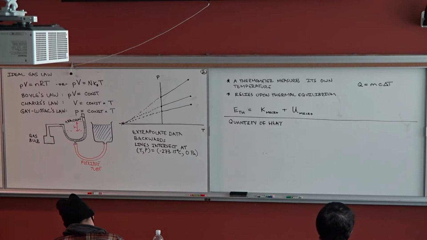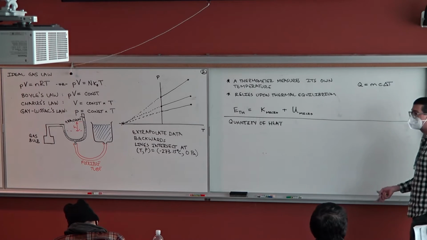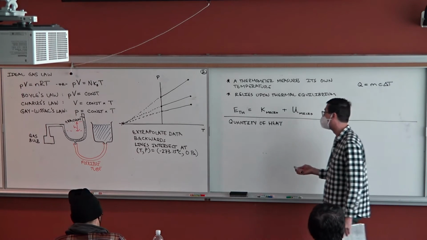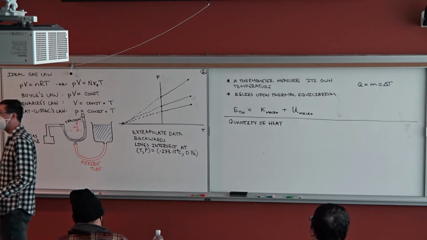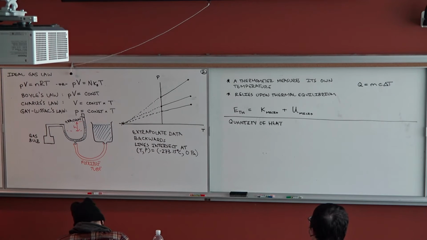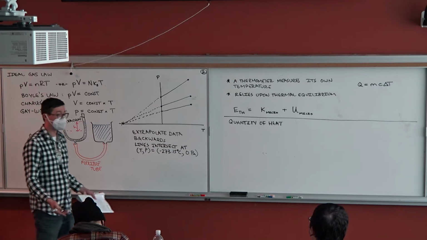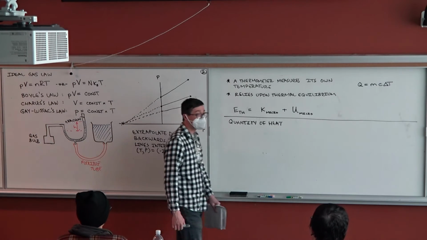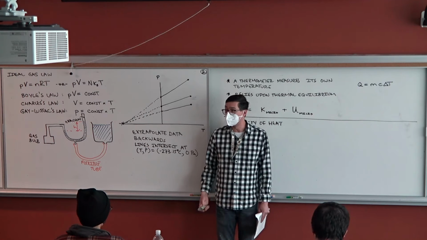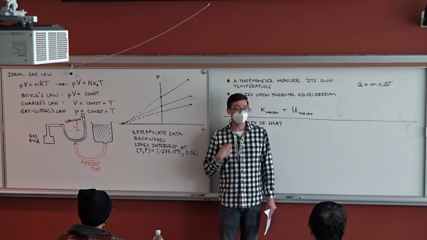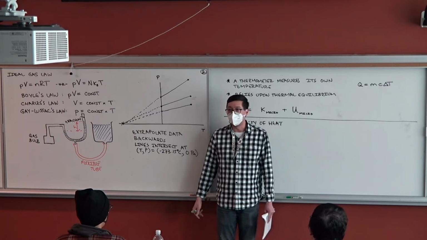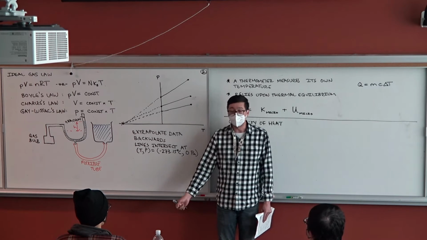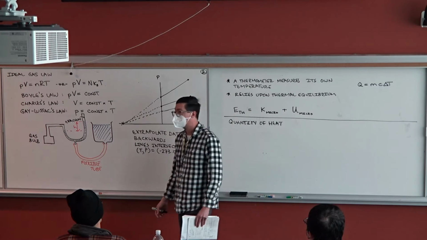What's going to happen when we bring into thermal contact two objects at different temperature? Well, energy is transferred from the warmer object to the cooler object. In that case, imagine that I took a penny and put it in the oven and heated it up to, I don't know, 400 degrees Fahrenheit, and then I threw it in my cold swimming pool.